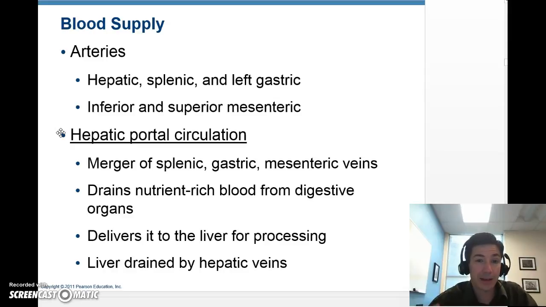So it's connecting capillaries in the digestive tract with capillaries in the liver, which is why we call it the portal circulation. And what you need to know is that it is the splenic, gastric, and mesenteric veins that merge to form the hepatic portal vein, and then the hepatic portal vein dumps the blood into the liver.